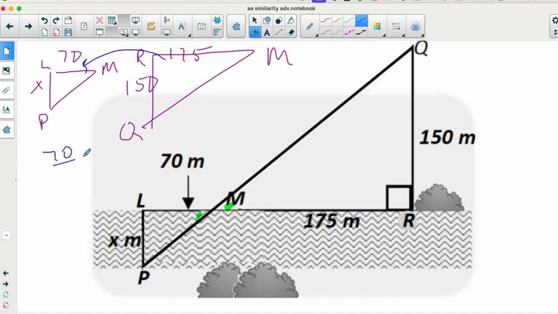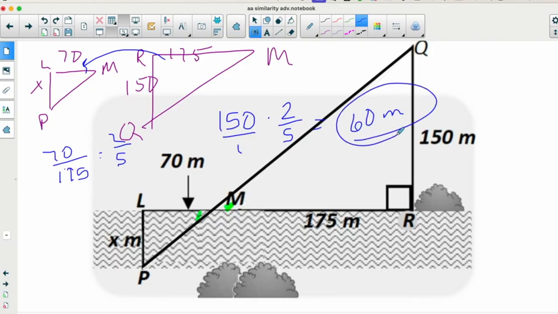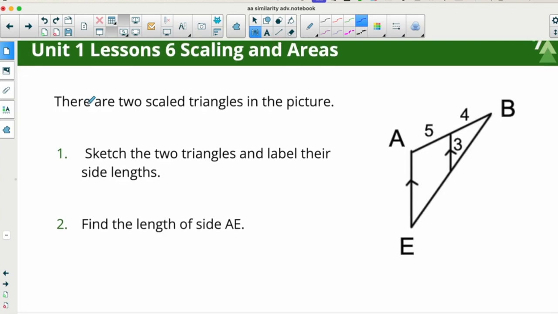So I'm going to do 70 divided by 175, and we end up with 2/5. And so then we do 150 times 2/5, and we end up with 60 meters across the pond.